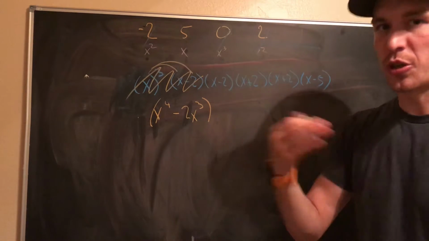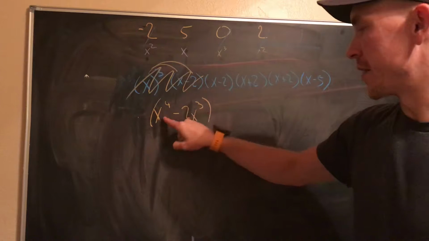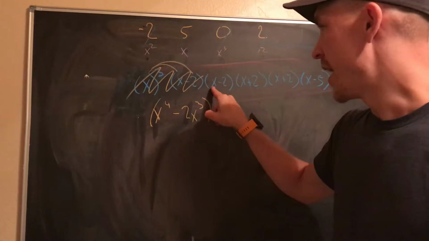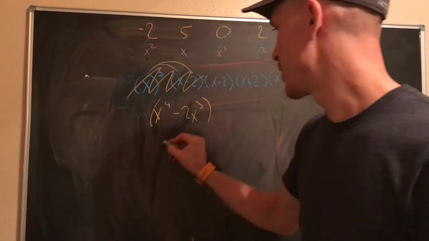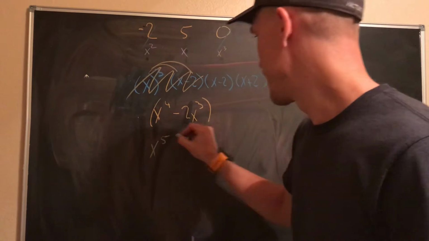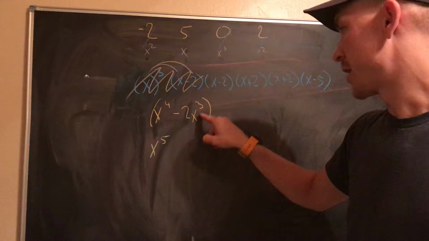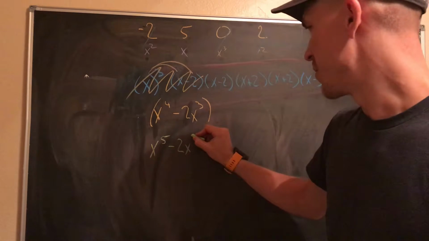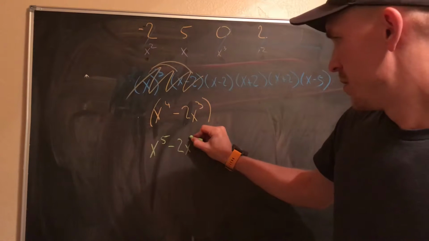I'll do one of them so you can get the ball rolling. Let's multiply these two. Everything has to multiply with everything. Let's start with the x. X times x to the 4 gives me x to the 5th. X times minus 2x cubed is minus 2x to the 4th.